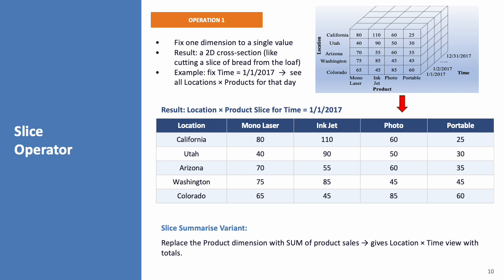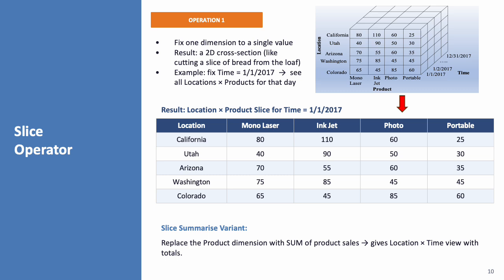What we get as a result is what you see in this table: location as rows and product as columns. And the units sold are the cell values. Time has been eliminated from the equation. We are now looking at a flat 2-dimensional snapshot for that single day across all locations and products.